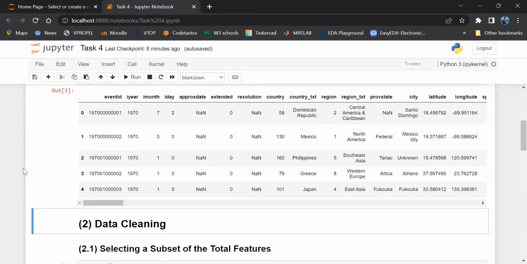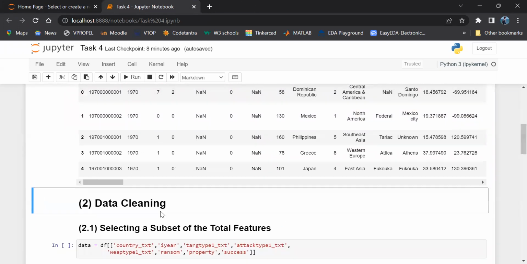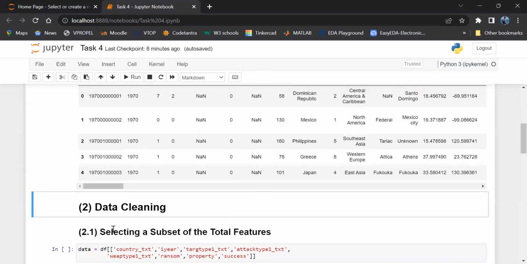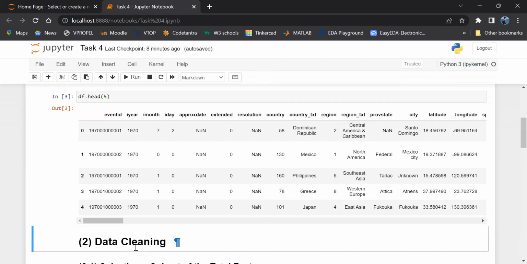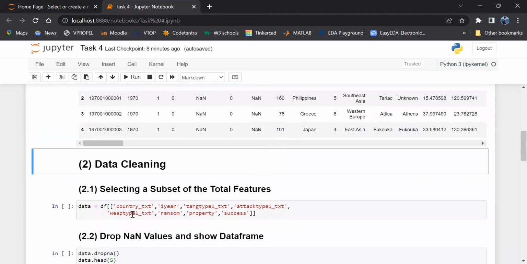The subset can depend on what kind of application you're working on. But in my case, I've taken some columns which I deem to be useful, such as country, year of the attack, etc.